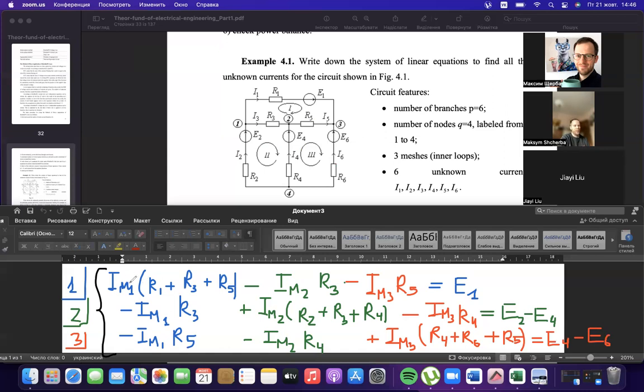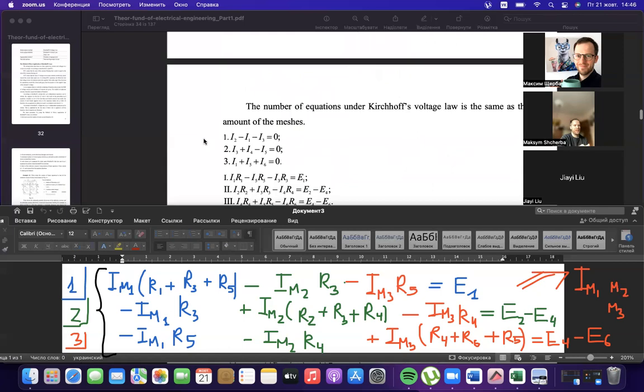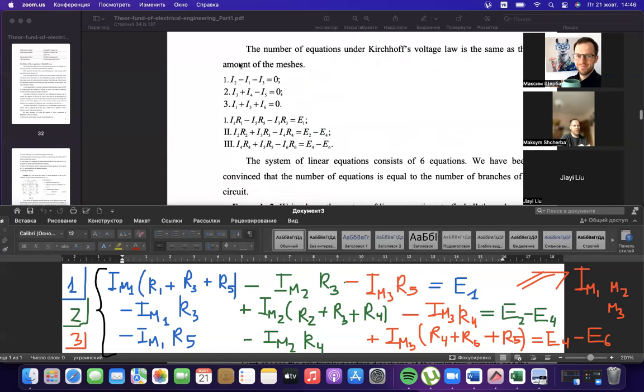As we see, we have only 3 unknown variables, so we can solve this system, and as a result we will obtain IM1, IM2, and IM3, all these mesh currents. Instead of a system of 6 equations, we could use a twice simpler system with only 3 of them.